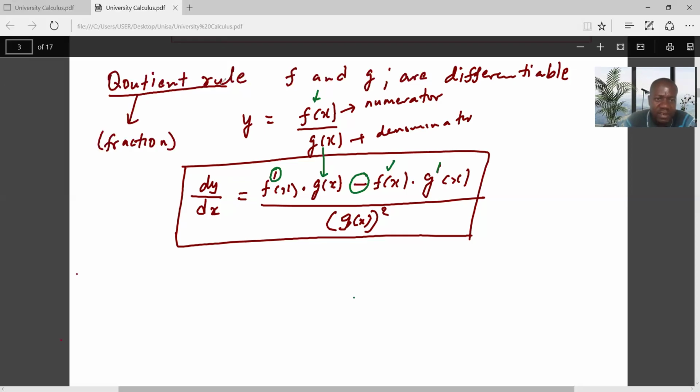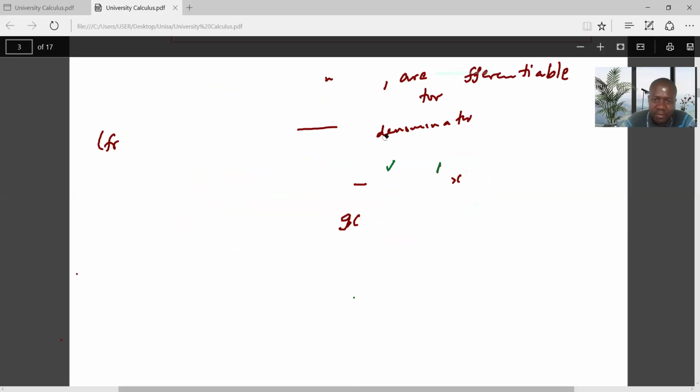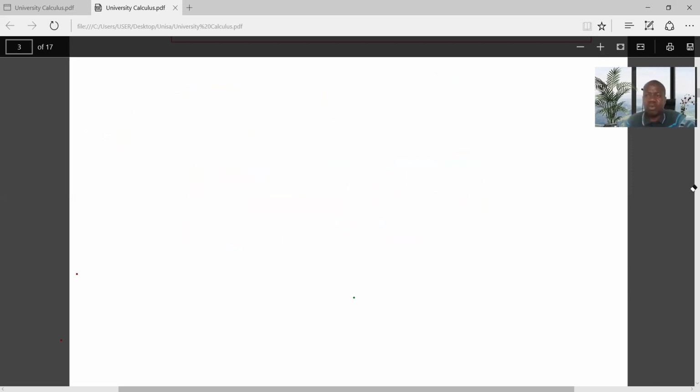Let's do one example related to this. There's an example that I've already explained earlier. I want to use it now so that we can prove it. Imagine we have y equals 8 over x to the power of 3.